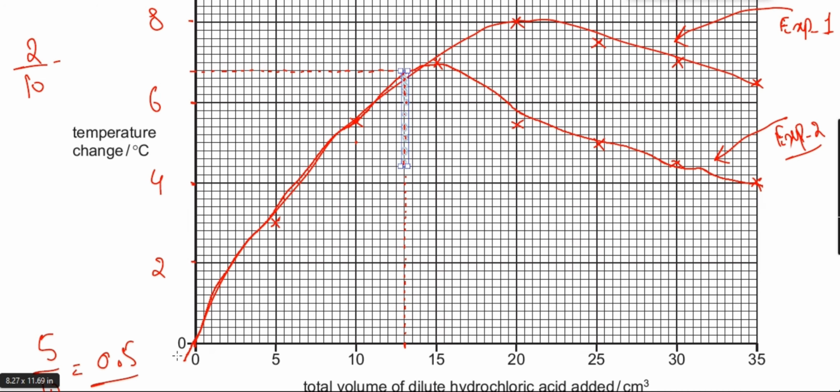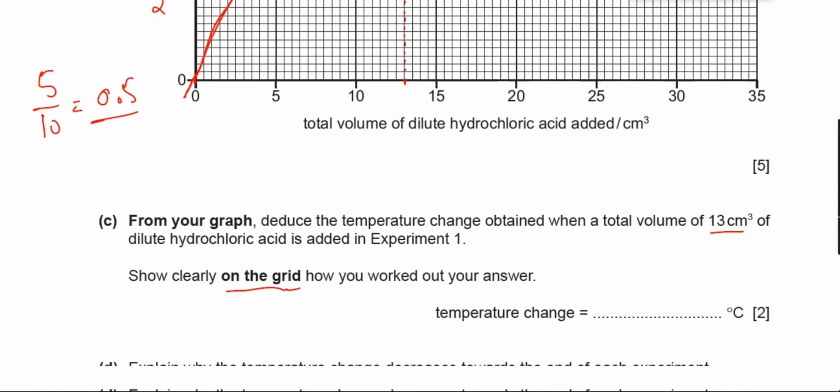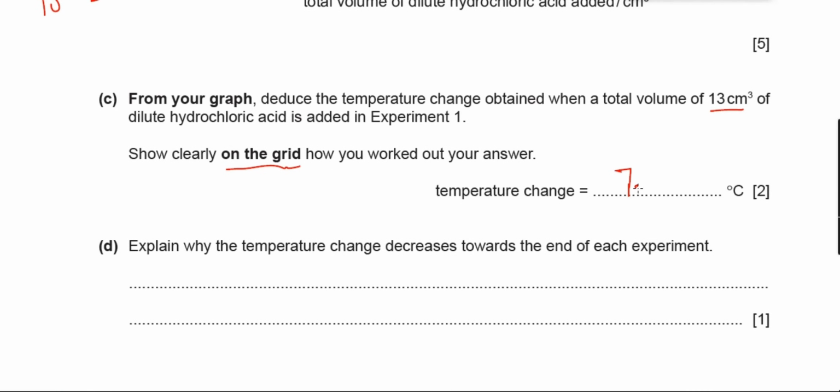So 2 divided by 10, we got 0.2. So each small box is 0.2. So here 6.2, 6.4, 6.6, 6.8, so here it is 7 and 7.2. So the value we obtained here is 7.2.